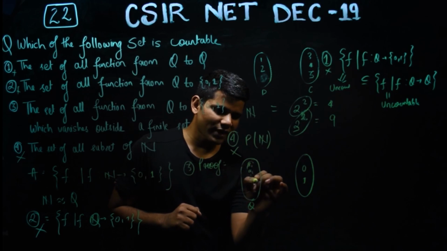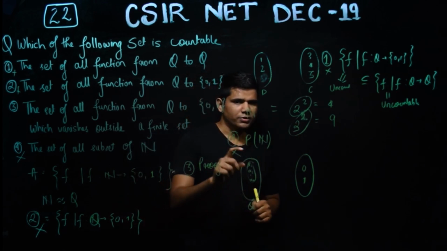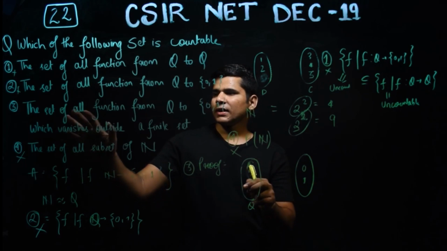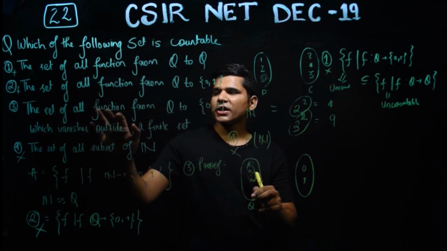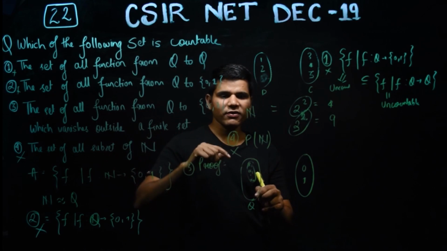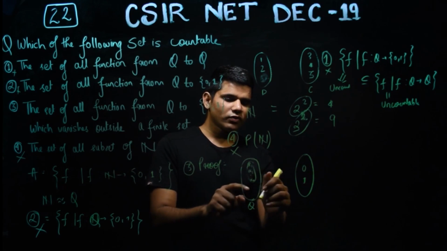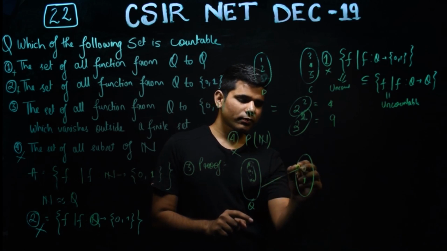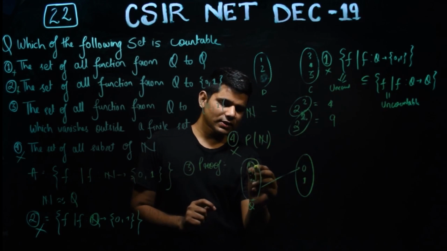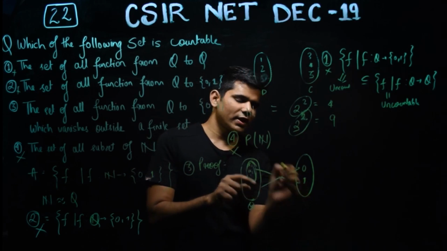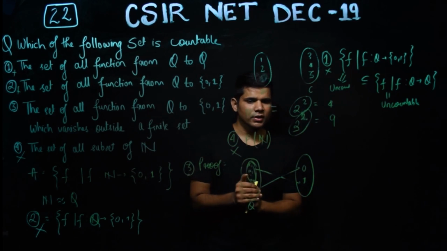You take all those functions which outside this finite set give image 0, and on this set give image 1. You are getting my point?